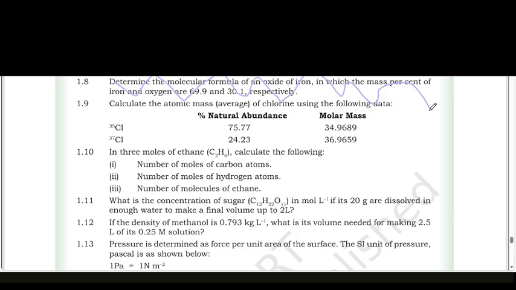Then what is the concentration of sugar, C12H22O11, in mole per liter if 20 gram is dissolved in enough water?